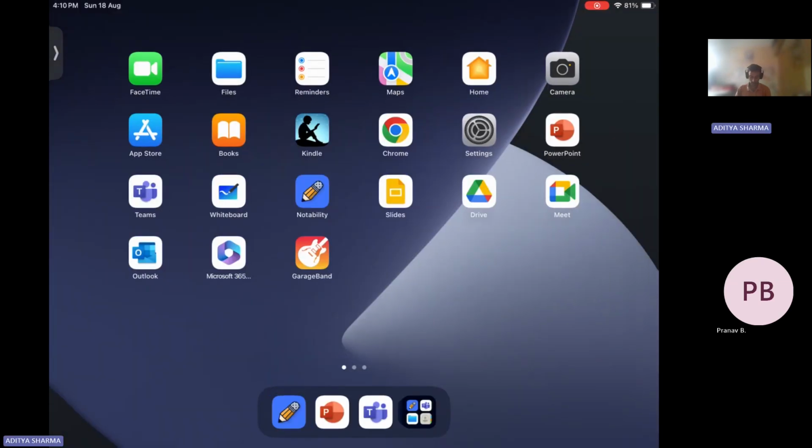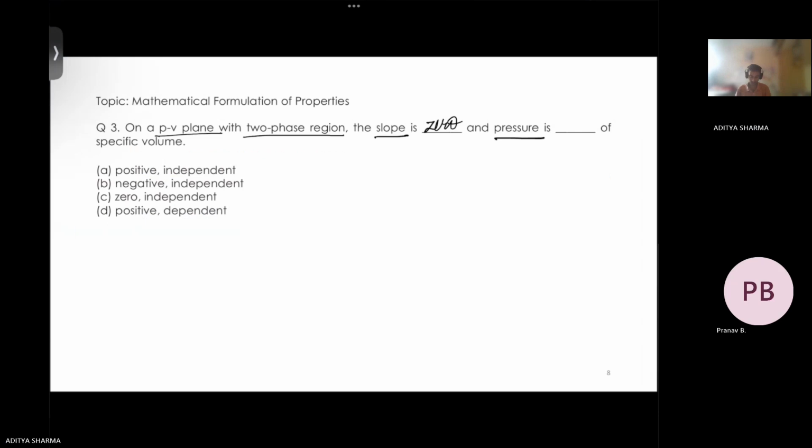So the pressure is independent of specific volume. Okay. So it will be this C option. So Pranav is right. Okay. So moving on to next question.